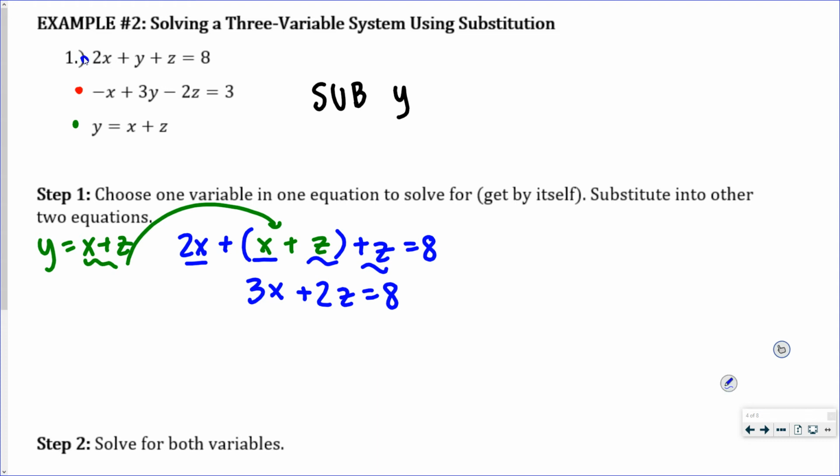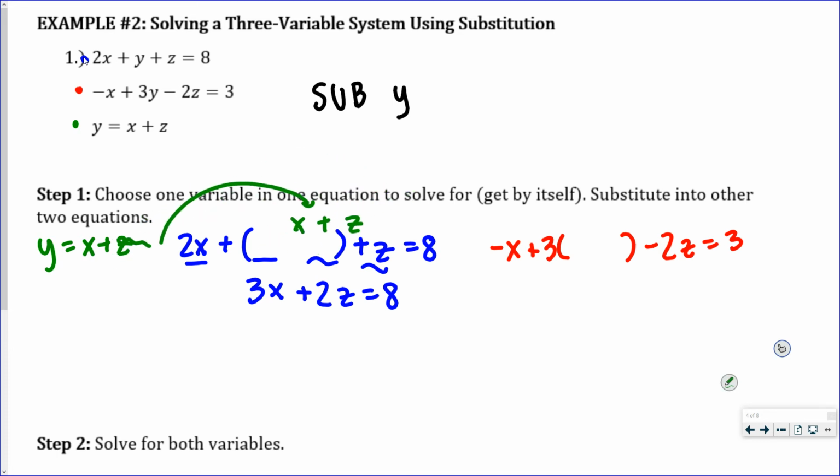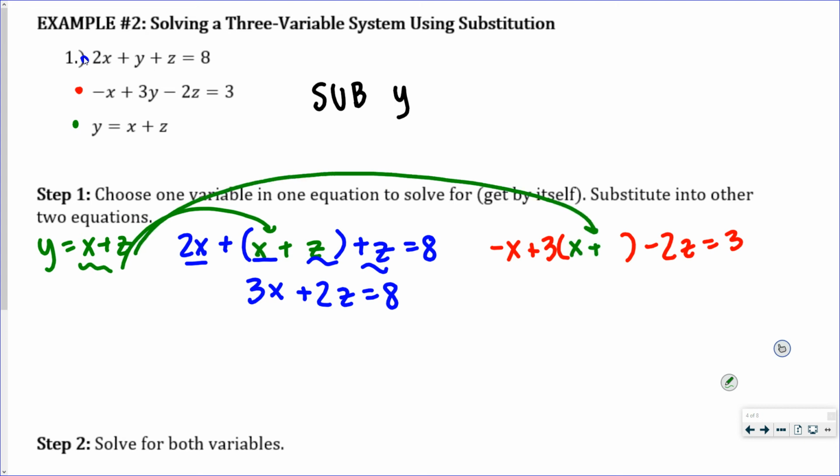All right, so I have to do this double. So I have to substitute it into the red one. That one is negative x plus 3y minus 2z equals 3, and I'm substituting the same thing, x plus z.